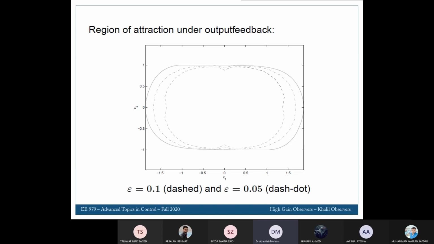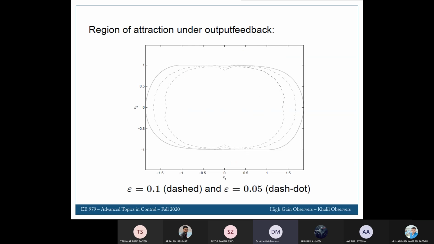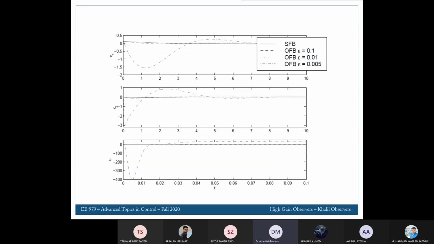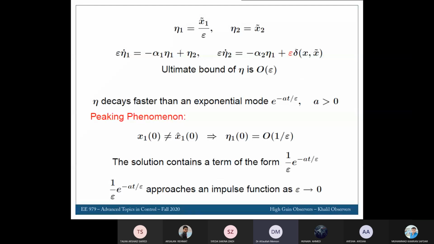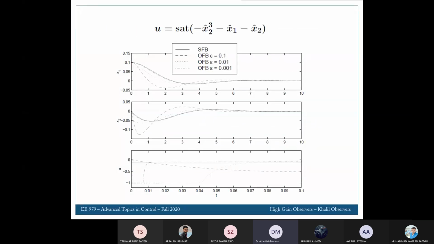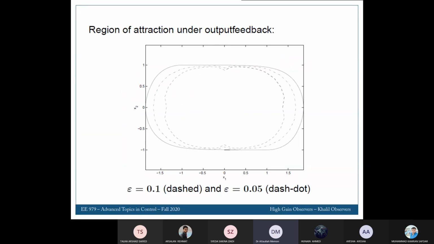If we shrink it even further, we could reach this kind of value, but the more we bring it near to zero, the more we may end up with the peaking phenomenon again. So there is always a trade-off between these. To what extent you can make epsilon small enough will be investigated using simulations.